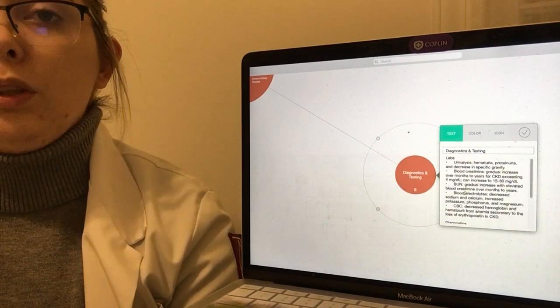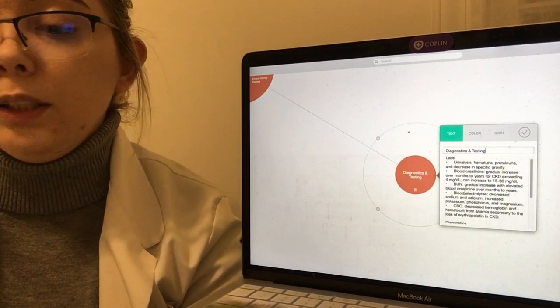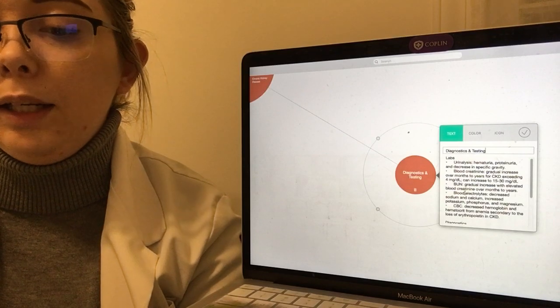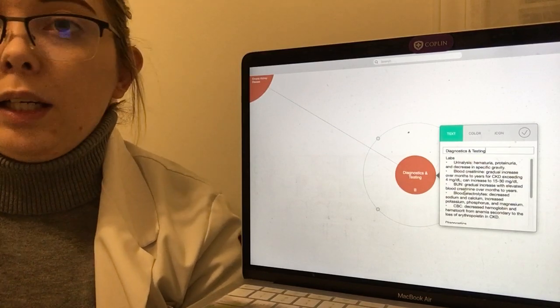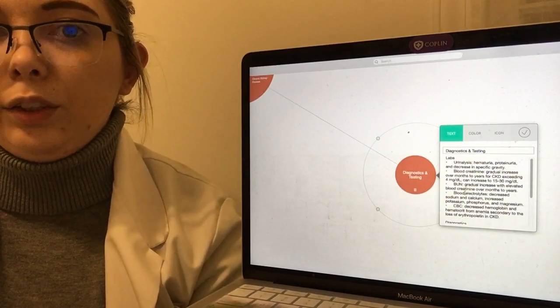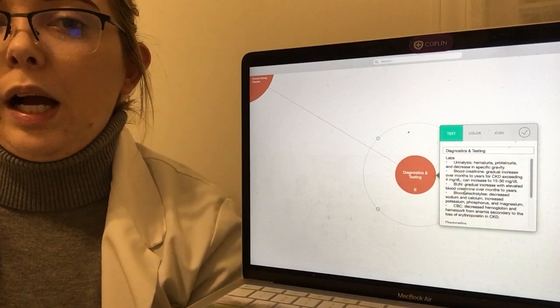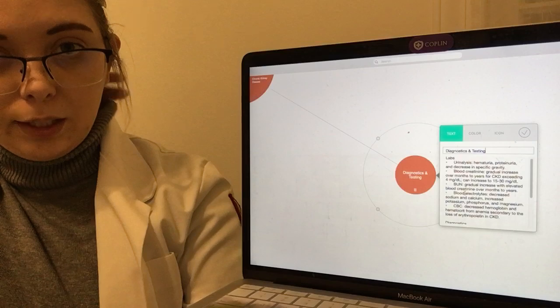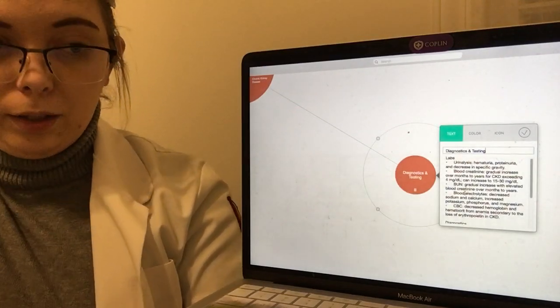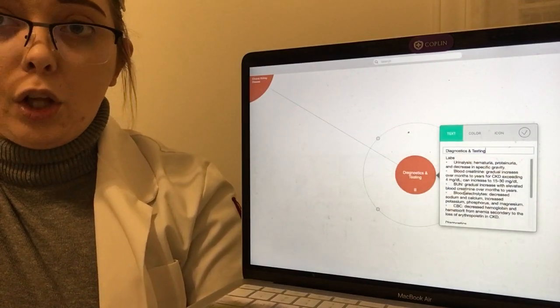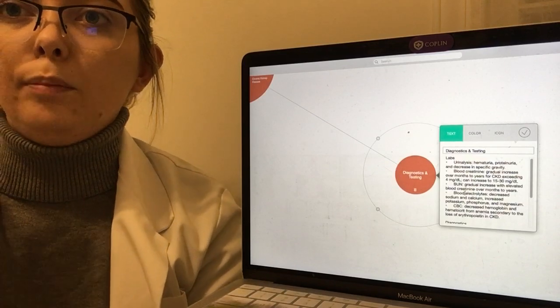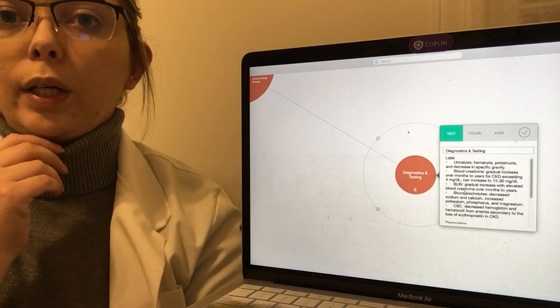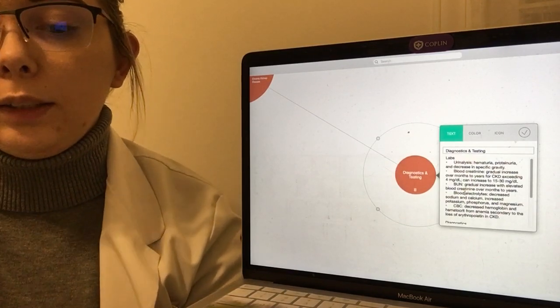The BUN, we're looking for a gradual increase with elevated blood creatinine, and that again can be over months to years. So the thing with these labs, you have to be very vigilant and look at the trends, because this can happen very slowly actually, and is why it's missed a lot of times until it is really progressed.